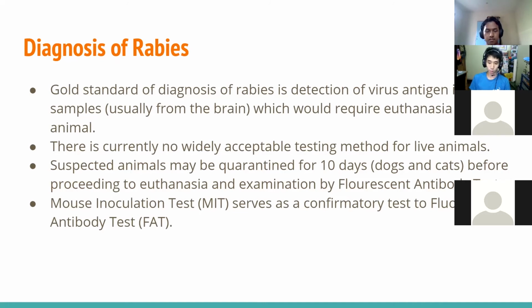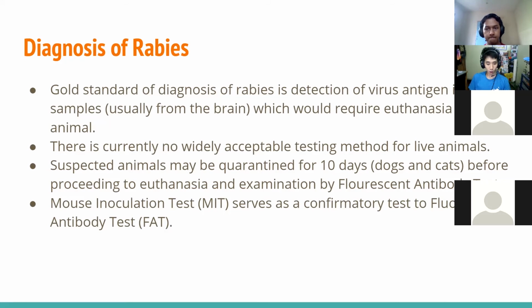But in a Thailand test and report, what they did is that any suspected animals will be quarantined for up to 10 days. This only applies to dogs or cats. Before proceeding to euthanasia, an examination by FAT, the fluorescent antibody test, is done. They found that through this quarantine period of 10 days, they can correctly identify rabies cases with an accuracy of about 80 to 90%.